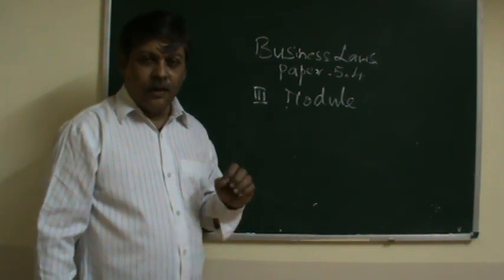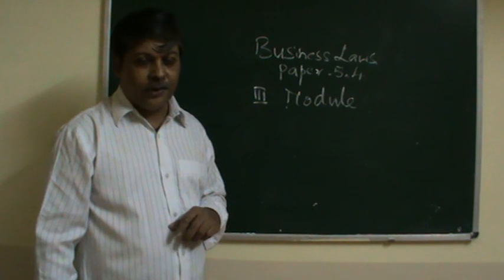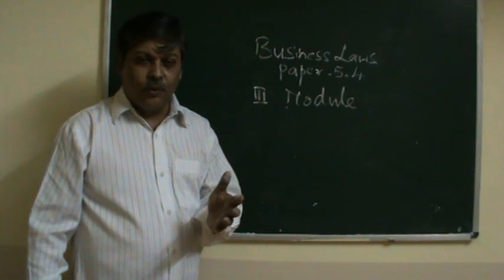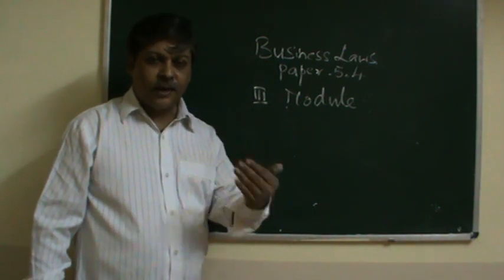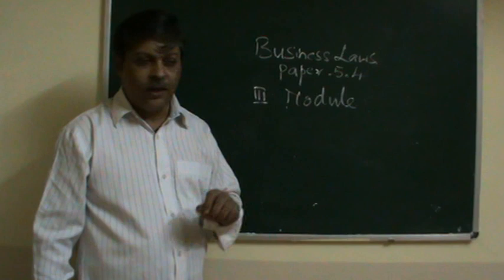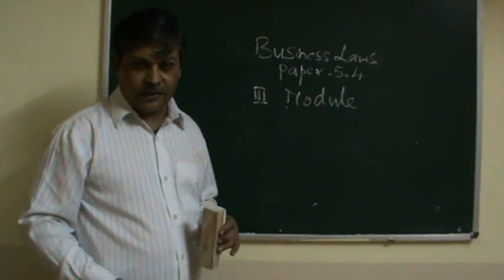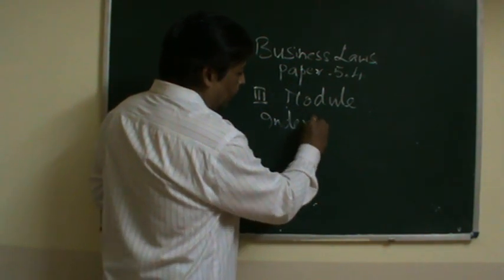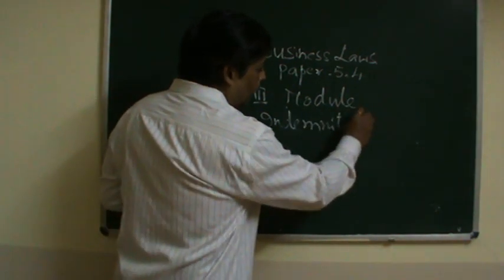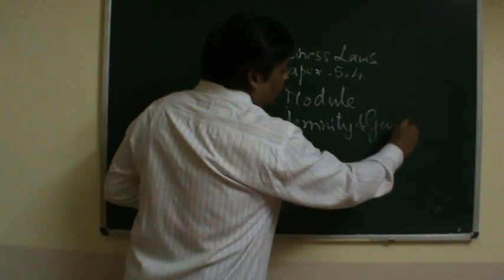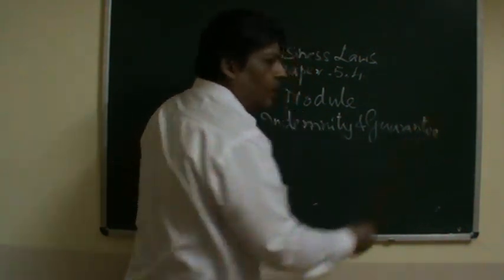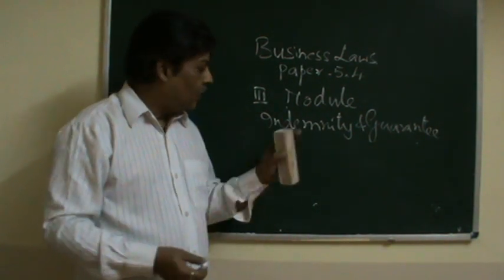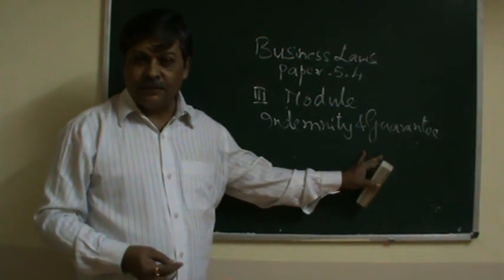Instead of using the word contract, some specific terminologies are used, and they are called specific contracts, like the contract of indemnity and guarantee. This is one of the main contracts we have got, the contract of indemnity and the guarantee.